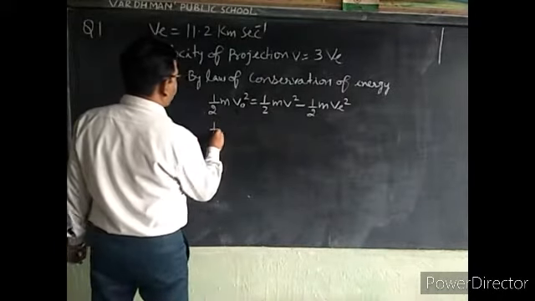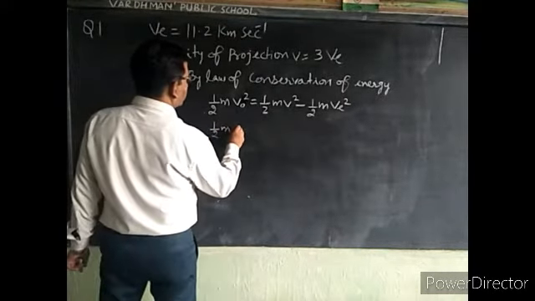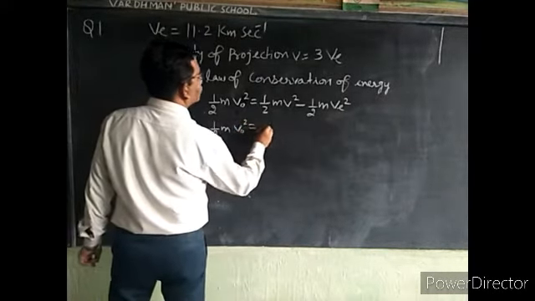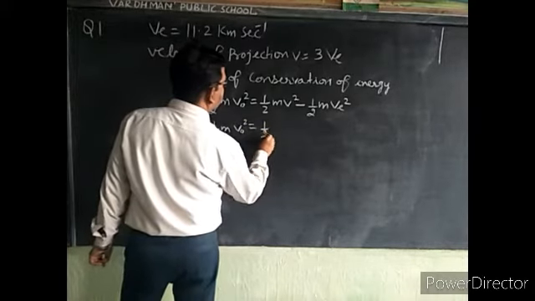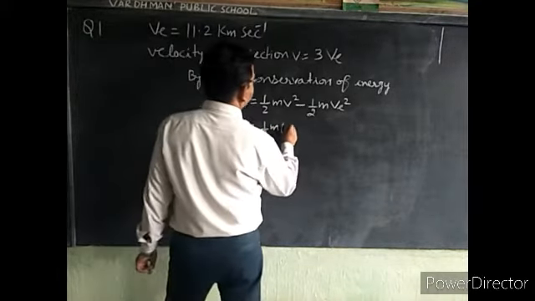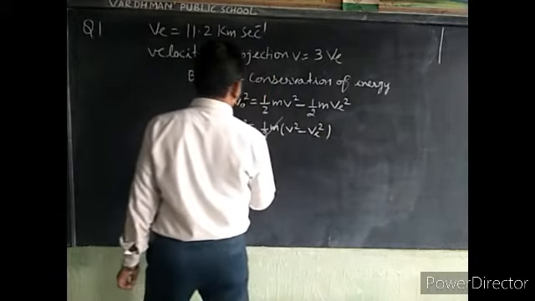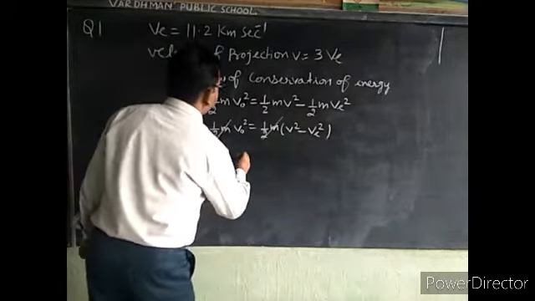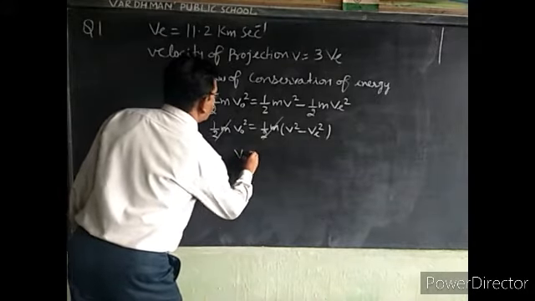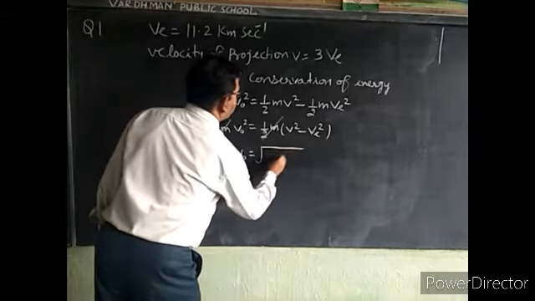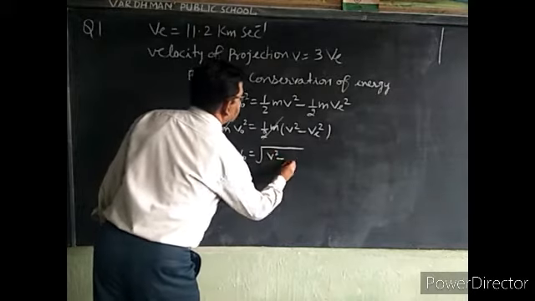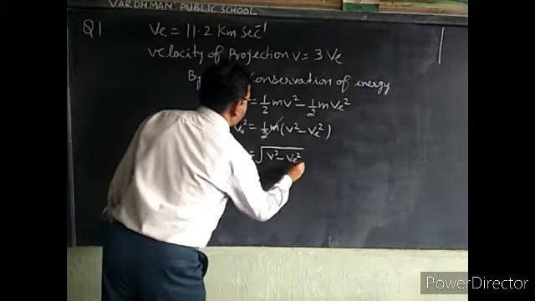Then we take common half m: half m vo square is equal to half m times v square minus Ve square. Cancel half m from both sides. vo is equal to under root v square minus Ve square.